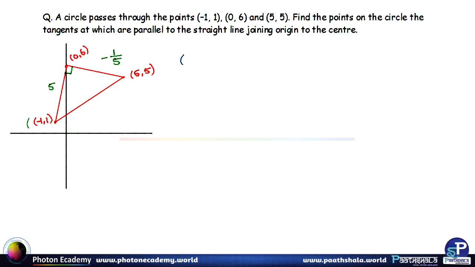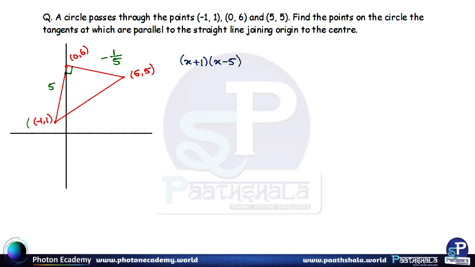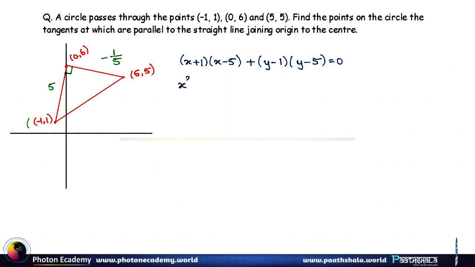It will become x plus 1 into x minus 5 plus y minus 1 into y minus 5 is equal to 0. So expanding, we have x square plus y square minus 4x minus 6y is equal to 0.